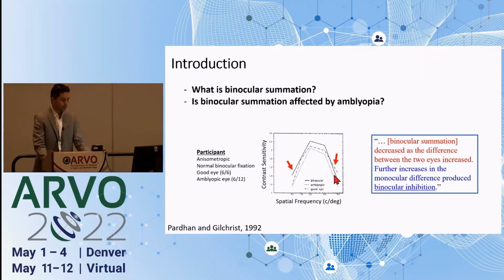This is what they call binocular inhibition. It means that the performance in the binocular condition is worse than when the subject did the same task based on the good eye.